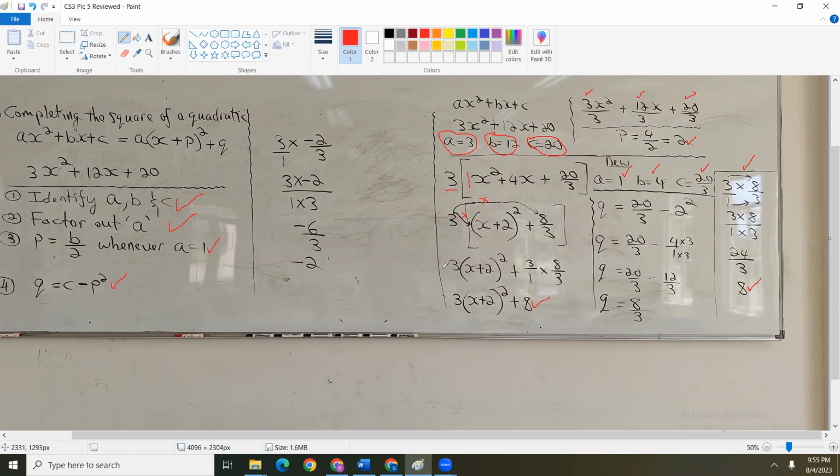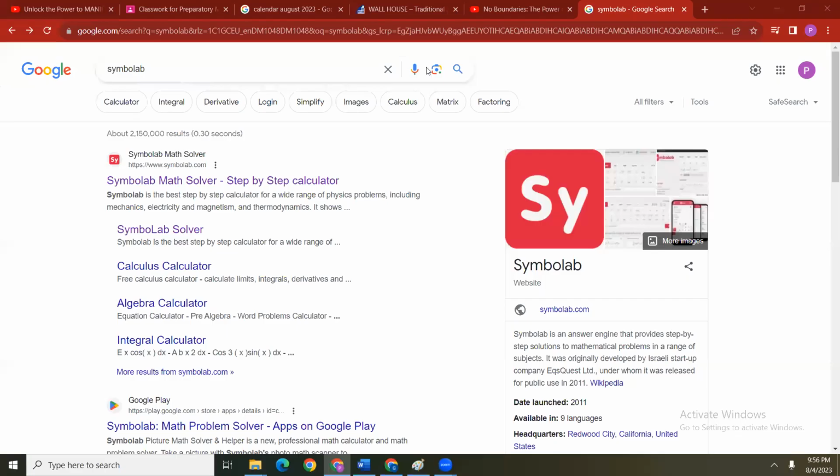We can verify our answer using Symbolab. Here we type Symbolab into Google. And if you pause and think about it a little bit, why would they call this program Symbolab? Symbol from symbols, and lab from laboratory, the laboratory of symbols, because mathematics translates words to symbols.